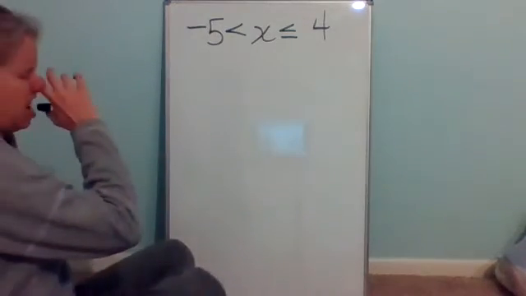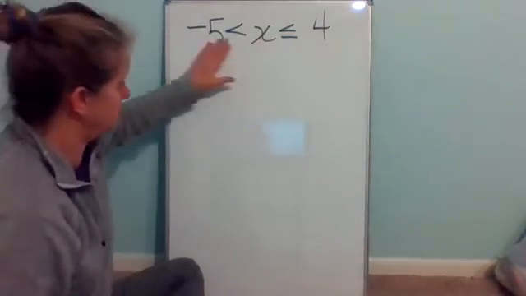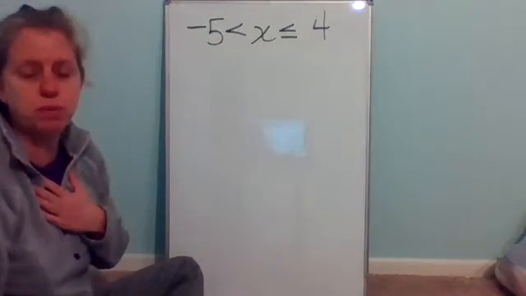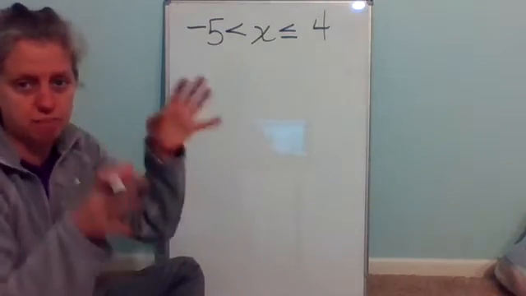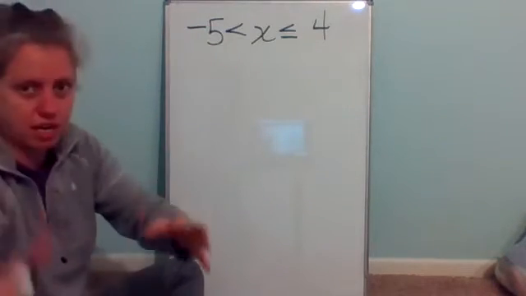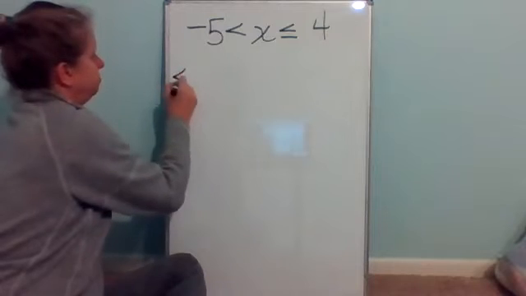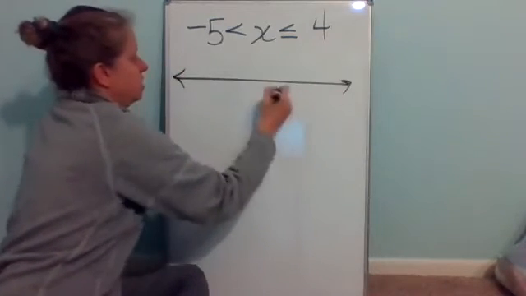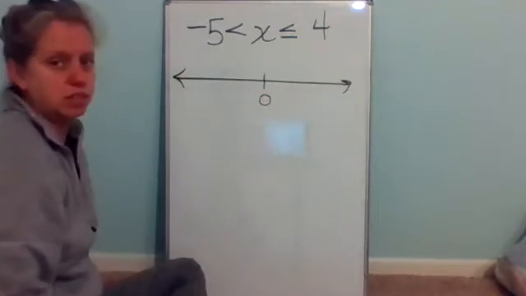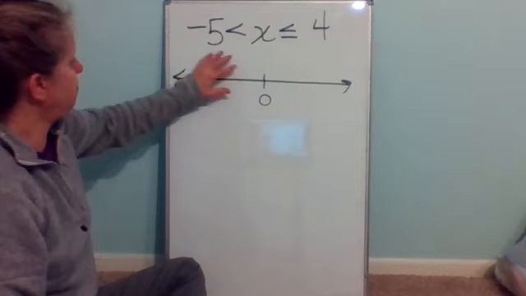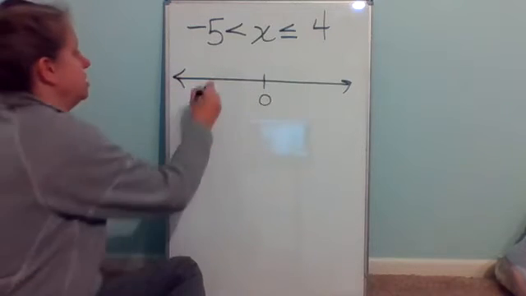So the numbers that need to be represented are the numbers that are showing. I also always put a 0 on mine just to kind of give myself where the negatives should be and the positives should be. So if there's 0, let's see, -5, all the negative numbers are on this side of 0.